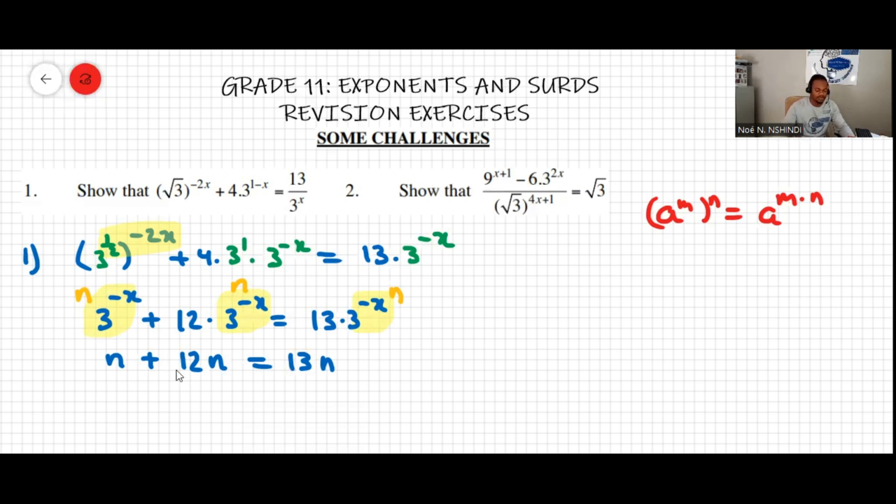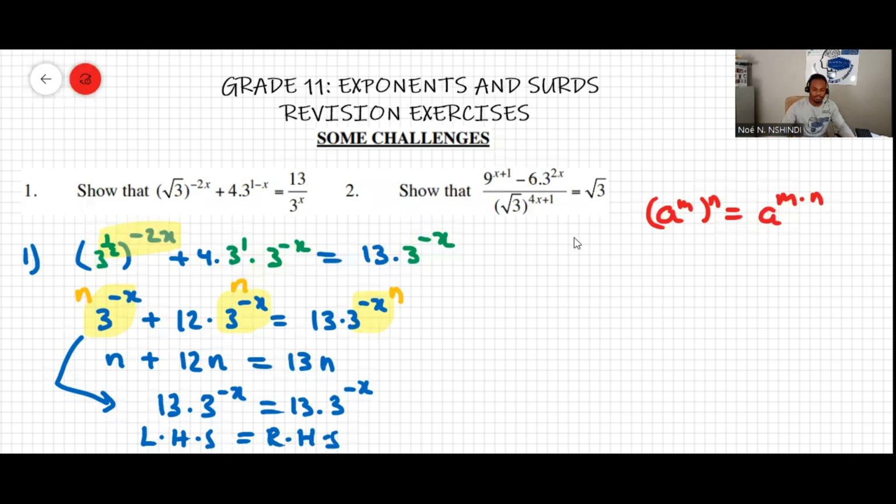Therefore, this will be 13 times 3 to the -x equal to 13 times 3 to the -x. So we prove that the left-hand side equals the right-hand side.